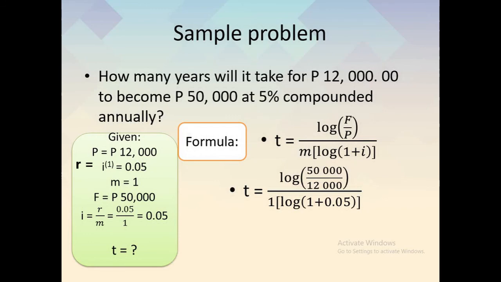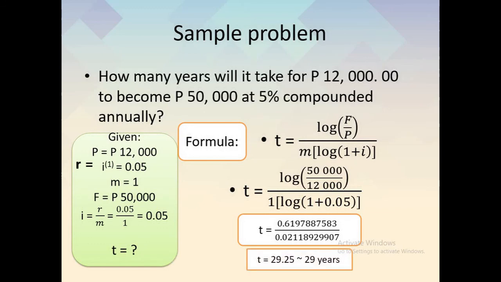So t is equal to 0.6197887583 over 0.02118929907. So the time is 29.25 or 29 years. So it would take 29 years to accumulate 50,000 pesos from your 12,000 if it is compounded annually by 5%.